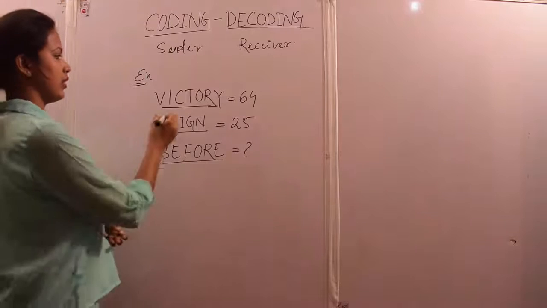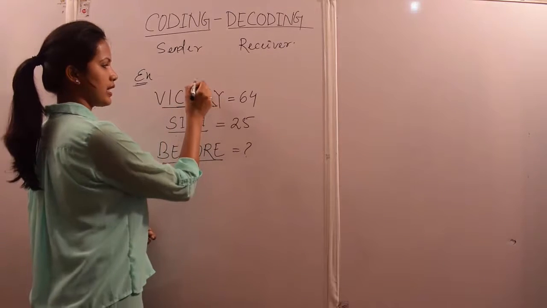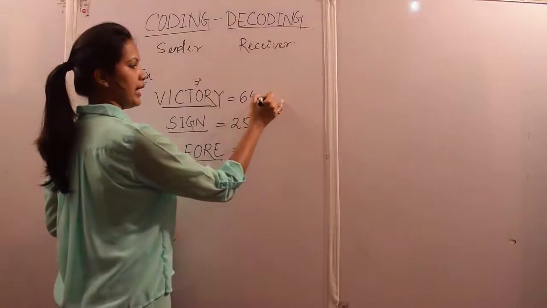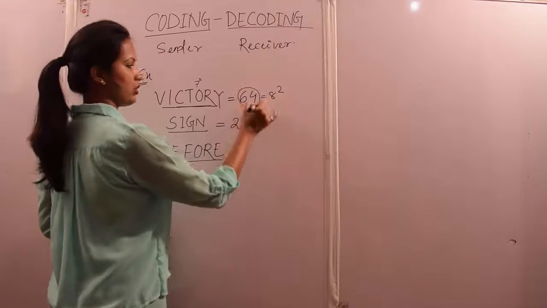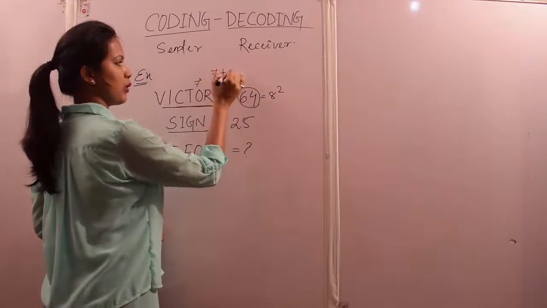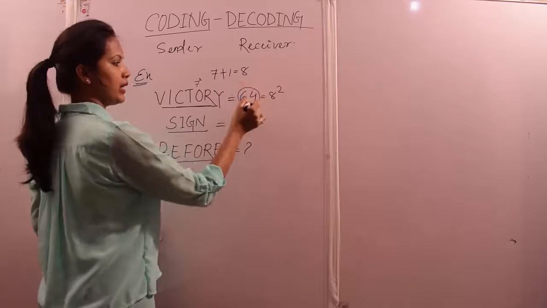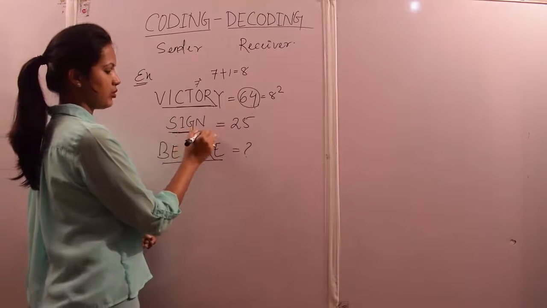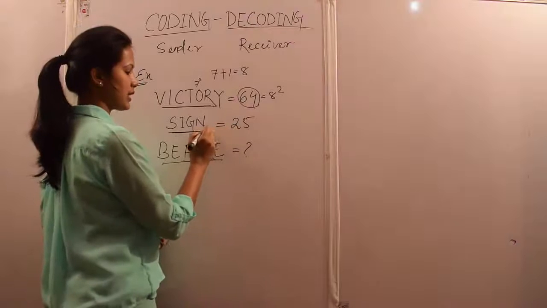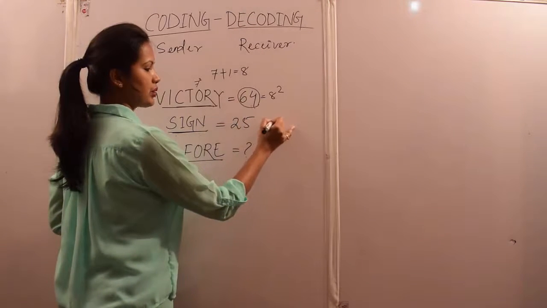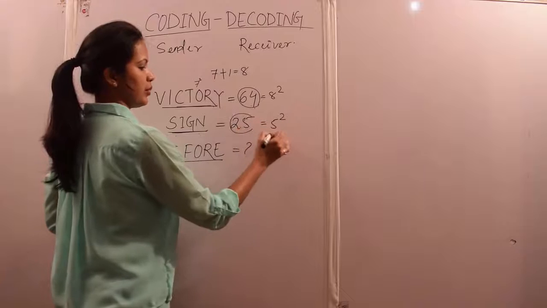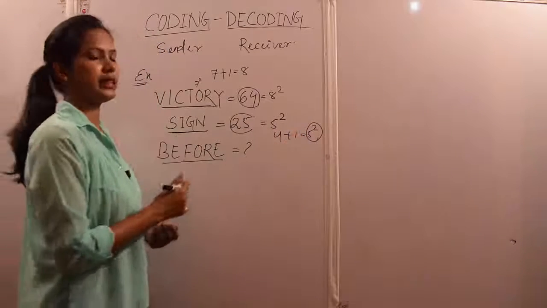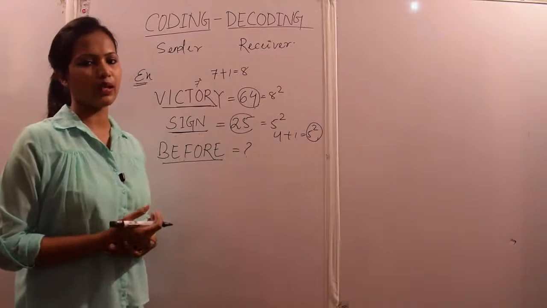Victory consists of 7 letters and the code is 8 square, that is 64, meaning 7 plus 1 is 8, 8 square is 64. And sign consists of 4 letters, the code for sign is 5 square, that is 25, meaning 4 plus 1 is 5, 5 square is 25.